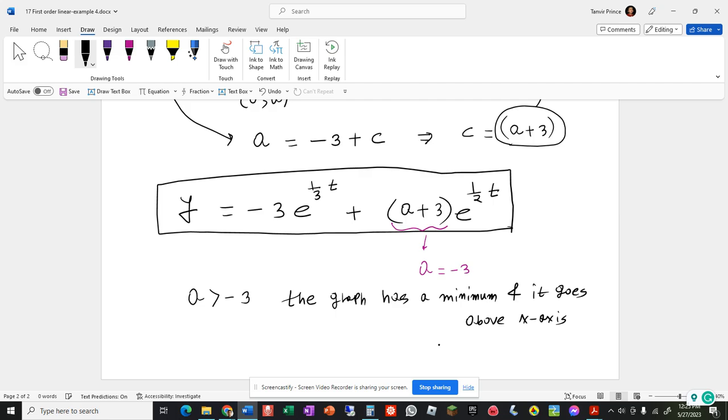In other words, y goes to infinity as t goes to infinity. That's what happens when a is bigger than negative 3.